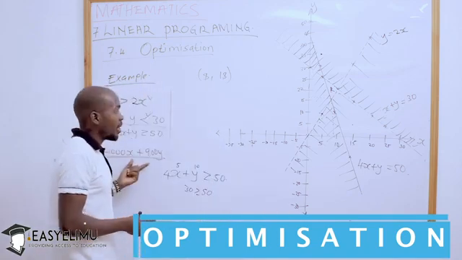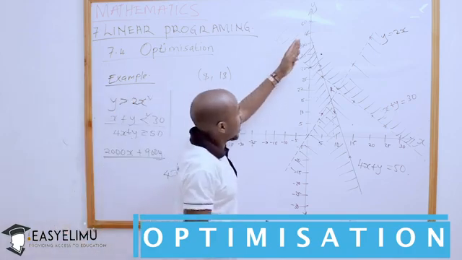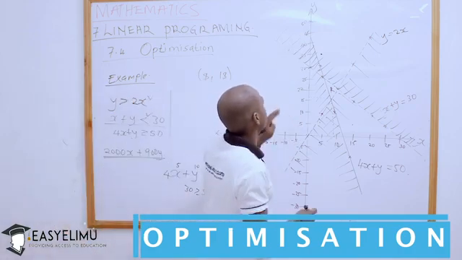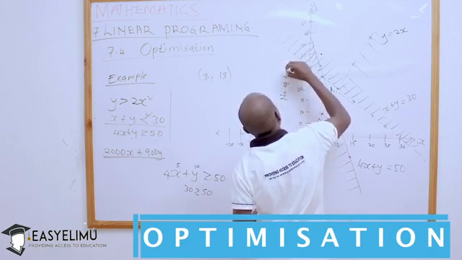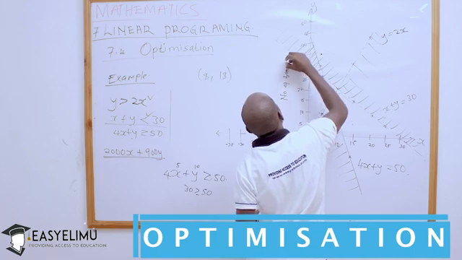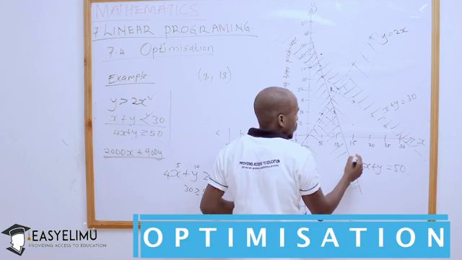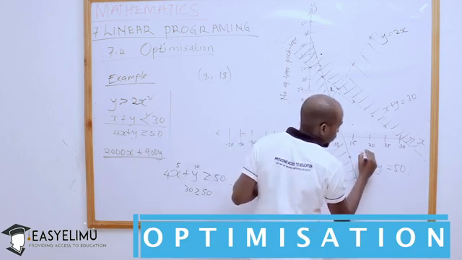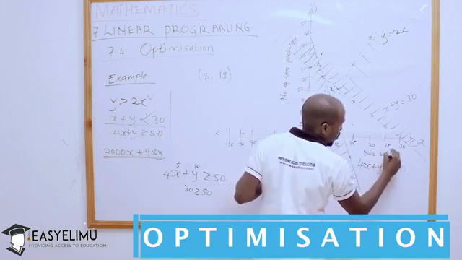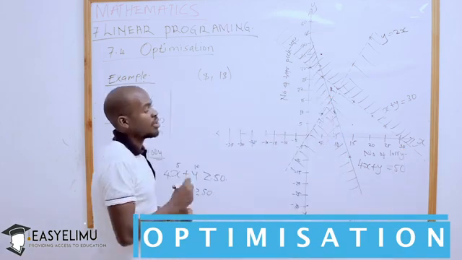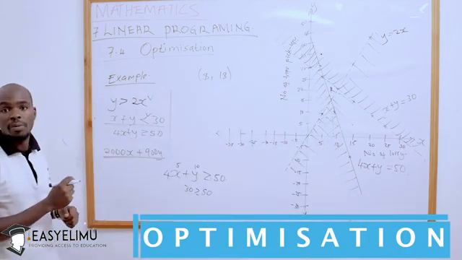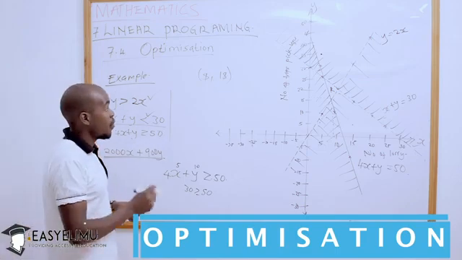And if you use this one, it means this side we said is for y. So meaning this is the number of trips of pickups, and this one here is the number of trips of lorry. So the trips made by the lorry will be represented by x, and that of the pickups will be represented by y.